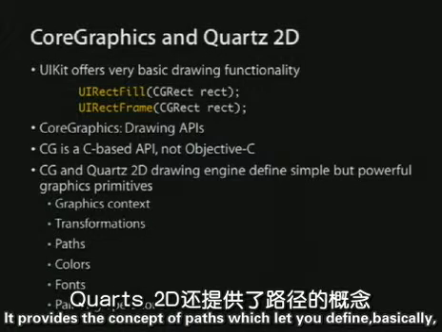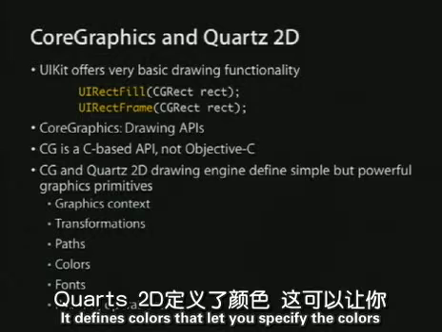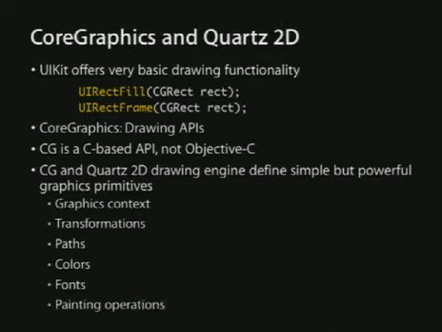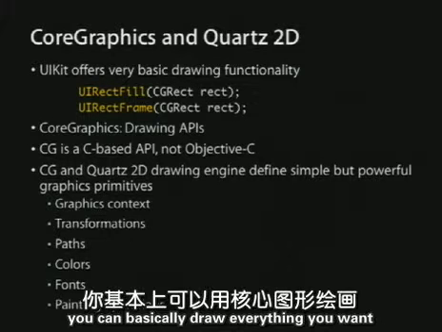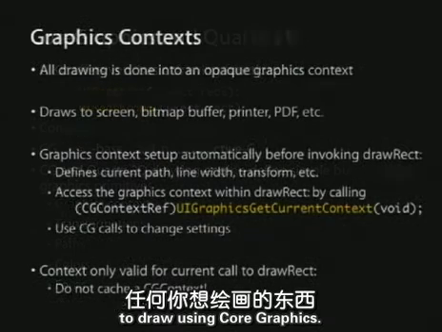It provides the concept of paths, which let you define regions of the screen that you can stroke and fill. It defines colors that let you specify the colors of what you're drawing. It has fonts and a bunch of other really cool stuff. You can basically draw everything you want using Core Graphics.